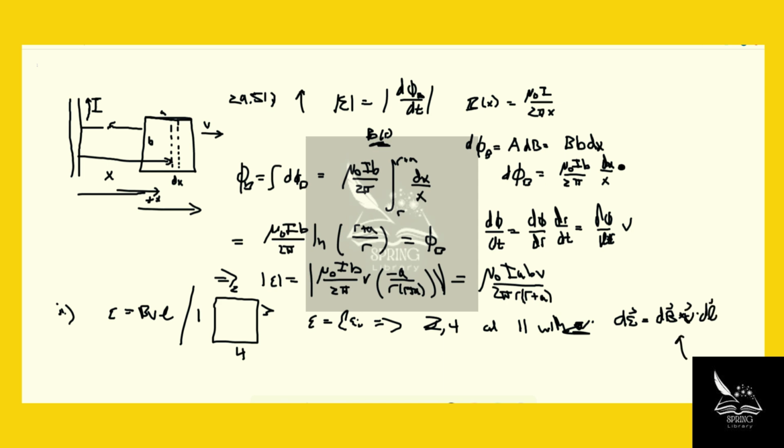So if this becomes perpendicular to L, then this is going to be 0. And that's exactly the case for 2 and 4. So E2 and E4, those EMFs are 0.